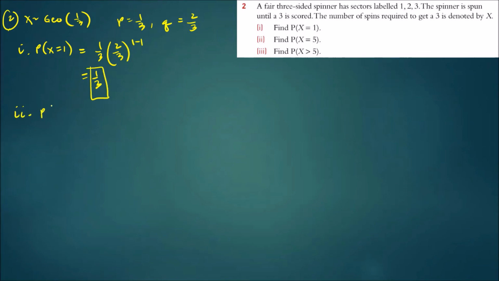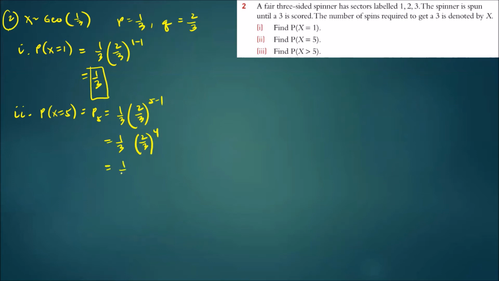Then for II, the probability that x is equal to 5, this is P of 5. So that is 1/3 multiplied by (2/3) raised to 5 minus 1, or that's 1/3 multiplied by (2/3) raised to 4.